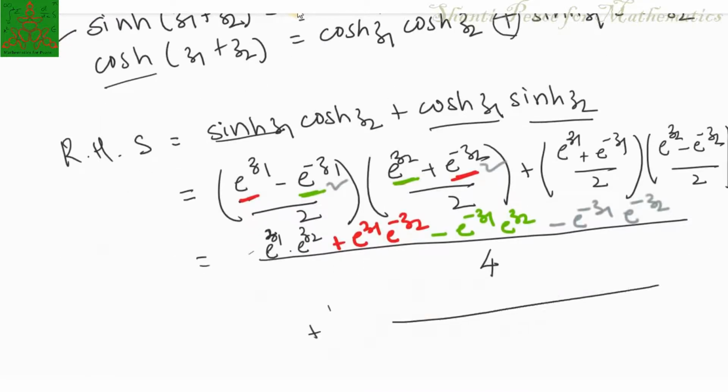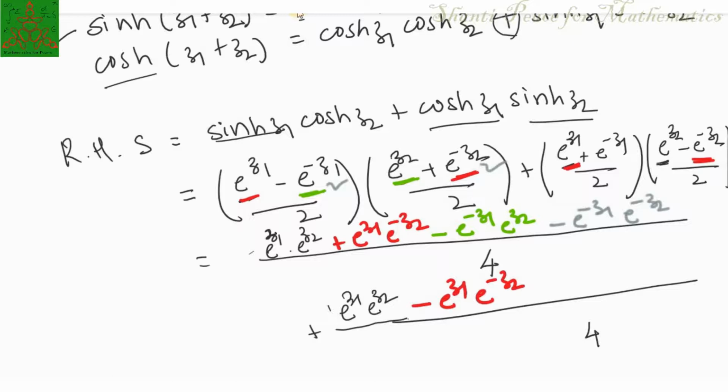Plus again there will be a 4 as the LCM of these two terms, and in the first term you can observe that it is e power z1 e power z2, that is e power z1 multiplied with this e power z1 term. Now the second: e power z1 will multiply to this quantity, so that is minus e power z1 into e power minus z2.